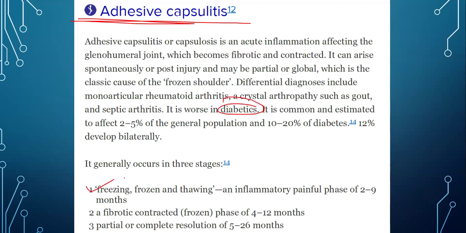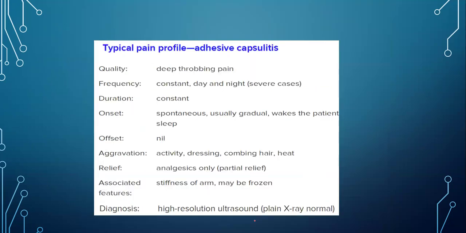So there are three phases. In the first phase, the patient can't do anything. It's a painful phase, so there will be a completely frozen shoulder. Then there is a fibrotic phase of 4 to 12 months, and then partial or complete resolution. So it can take even 26 months, sometimes closer to 3 years, for a complete recovery from this frozen shoulder.